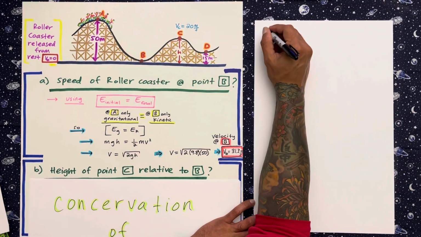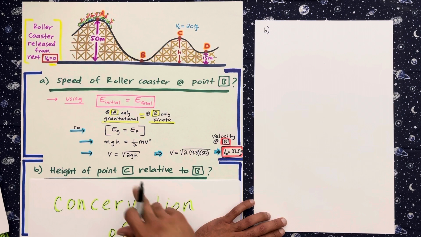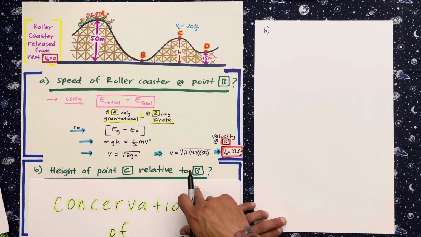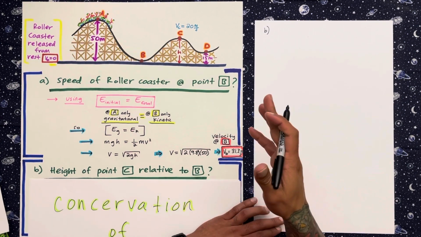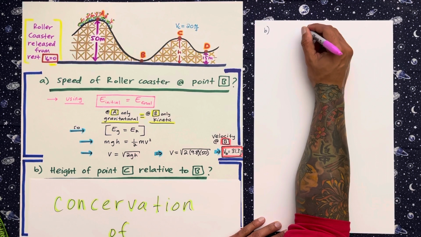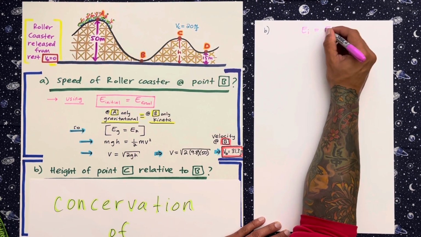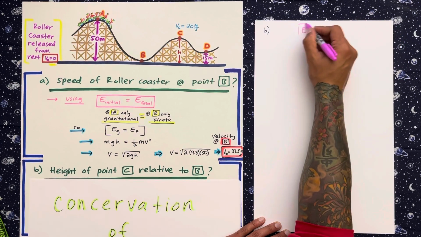So let's do part B. We're gonna be looking for the height of point C relative to B. All right, so again, before anything, right when we know we're doing conservation of energy, we always start off with energy initial is equal to energy final. Always.